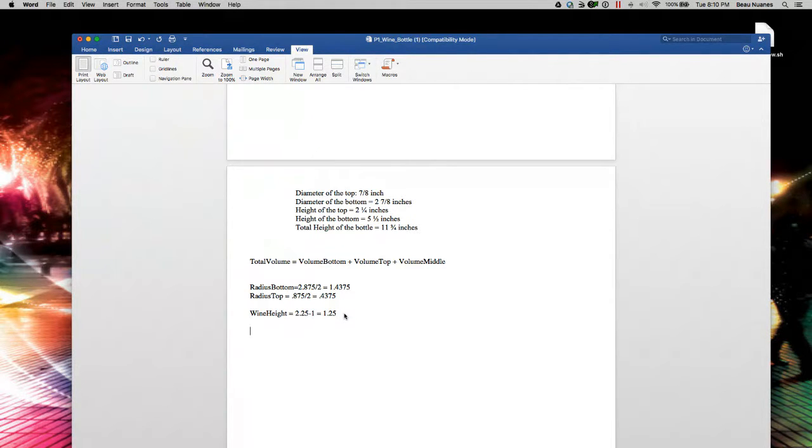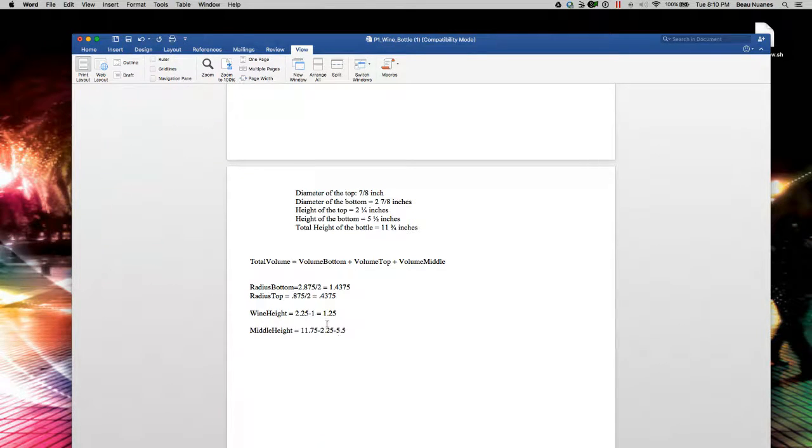And then we need to know the height of the middle. We can get that by taking the total height here, because that was input, right, and subtracting these other two. So total height is 11 3/4, which is 11.75, minus 2.25, minus 5.5.